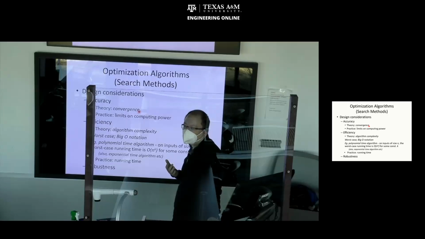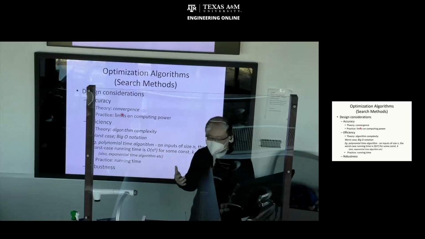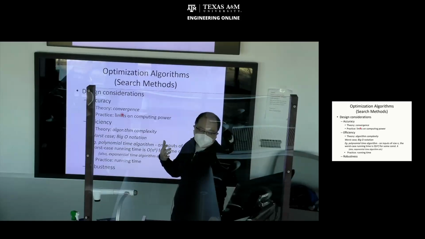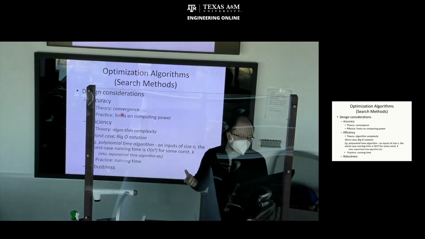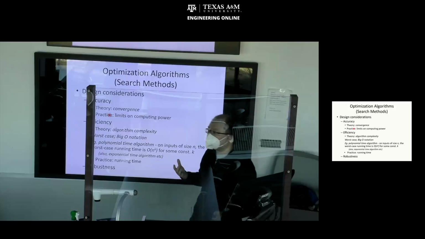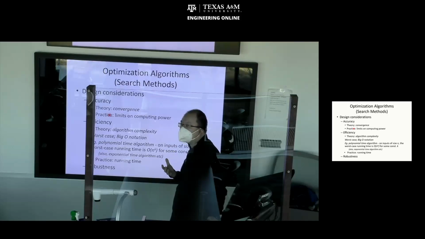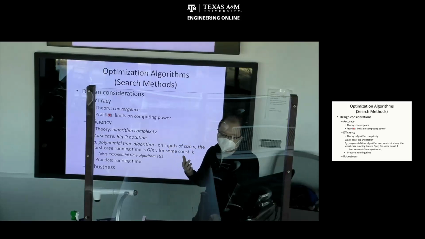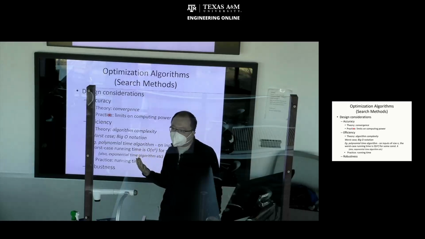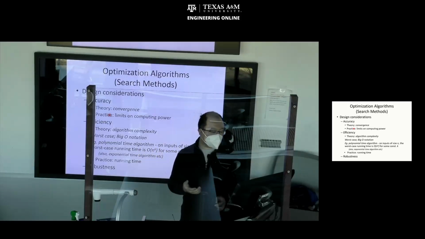Giving you a guideline and a sanity check, telling you that the convergence is basically saying that if we have enough computing power, if you keep running this algorithm, it will get there. If you keep running it, it will get there, okay? And of course, the practical solution is limited by your computing power, right? But in some other cases, if you don't have such a guarantee, then you have to count on luck, isn't it? Because you don't know whether it performed well or not. You have to blindly try it, and this time it works, that time it doesn't work.